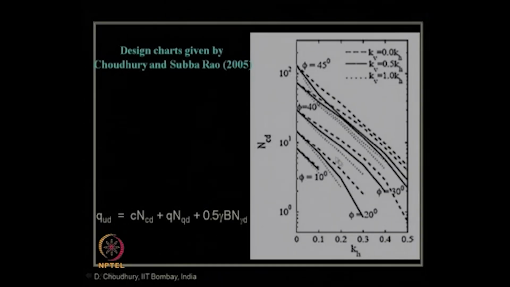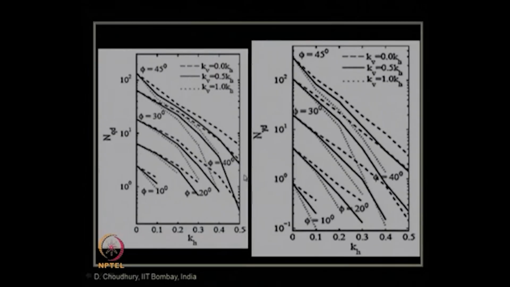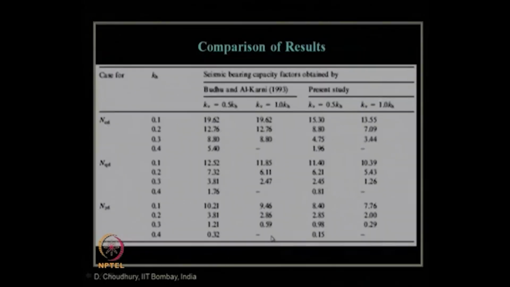But under dynamic condition, our present study shows the critical decrease of this bearing capacity factor, which needs to be considered at a particular site, knowing the input value of Kh and for a particular value of phi. Then for a chosen Kv value for design, we can get the Nc d value. Similarly, Nq d and N gamma d design factors can be obtained, and finally the design of this shallow isolated footing can be done using these proposed design charts.